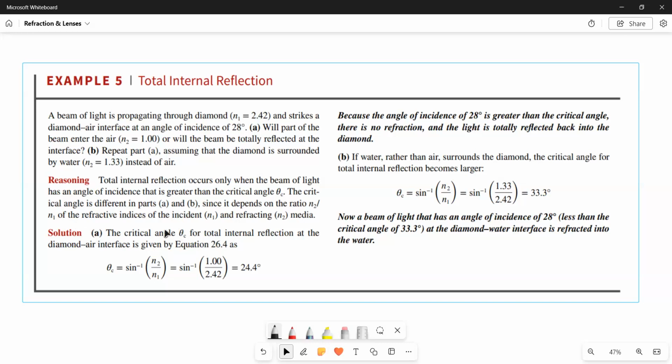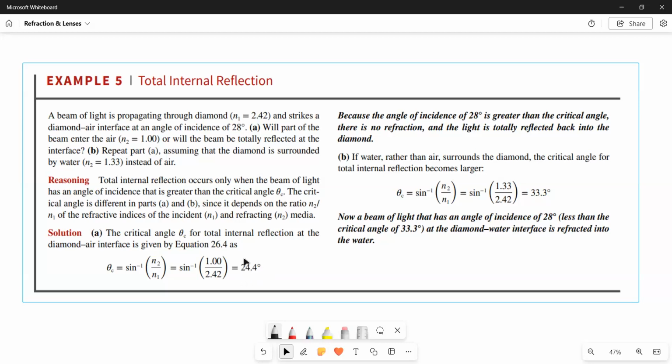So first one, we have to find the critical angle here.